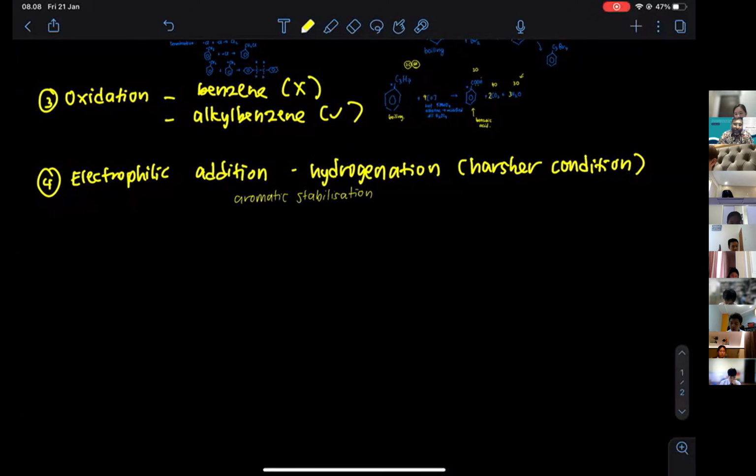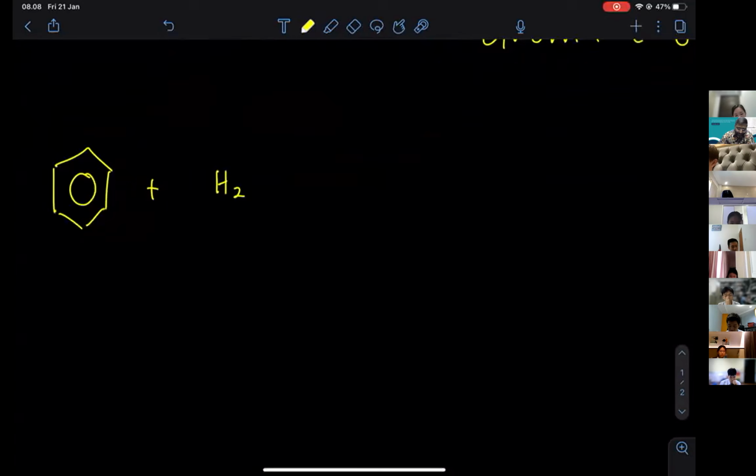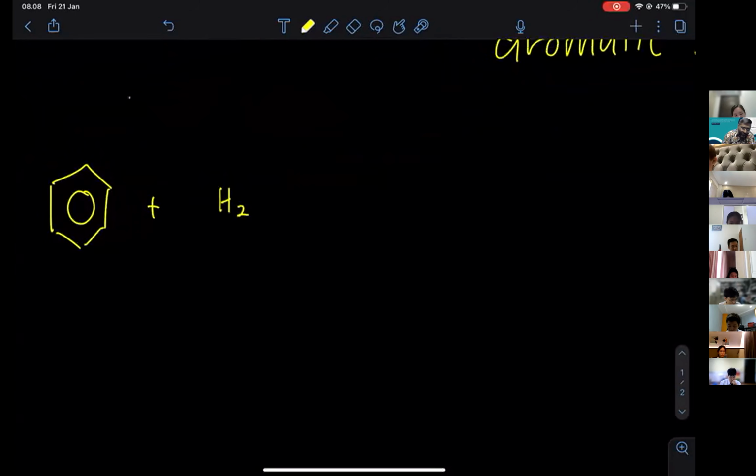Therefore, if you really want hydrogenation, let's say you have benzene reacting with hydrogen. I think the easier way is to look at it in the form of double bonds. If you have it like this and I am reacting with hydrogen, what will happen? The double bond will be broken, so you will have 2 additional hydrogen coming in over there.